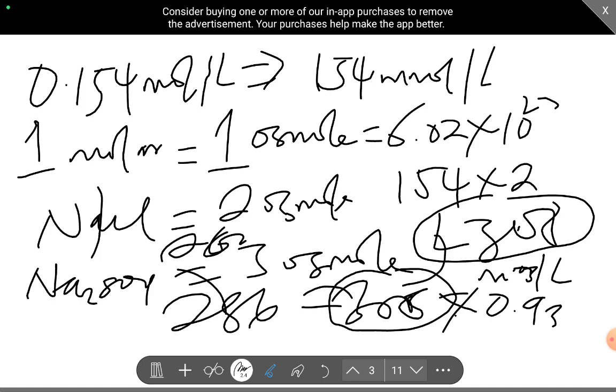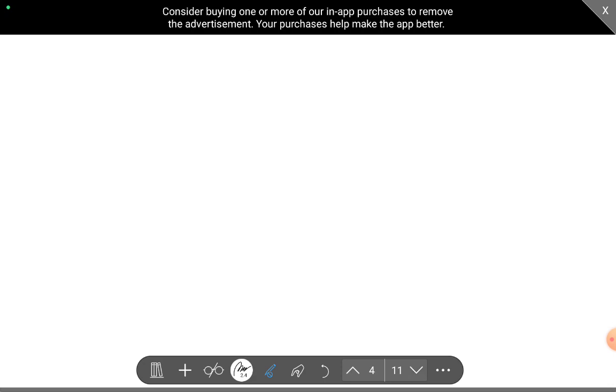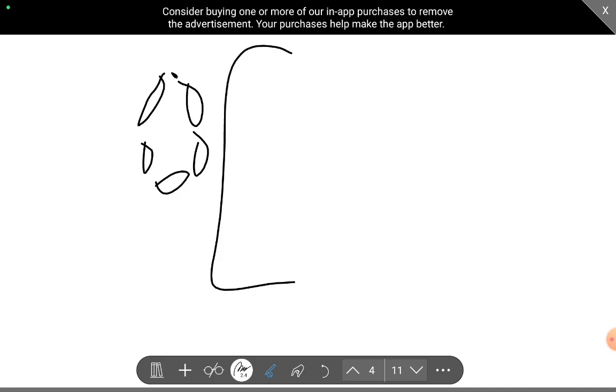In osmotic pressure, there's a pressure responsible for pushing out the fluid from the capillary into the interstitial space. So you won't get tired of this drawing. It's something you have to know. This is the capillary and this is the cell.